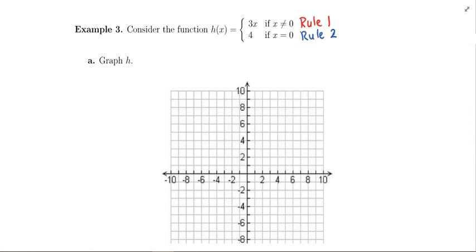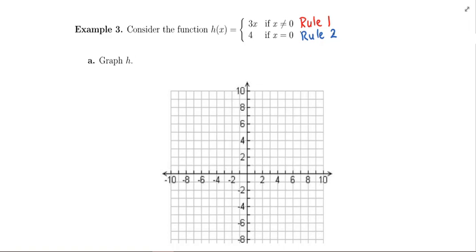The only time rule 1 does not apply is if x equals 0. For rule 1 to apply, x cannot be 0. Rule 2 only applies if x equals 0. So basically you can think of this as rule 1 always applies except for one spot where x equals 0.